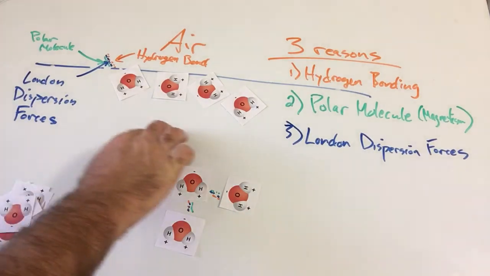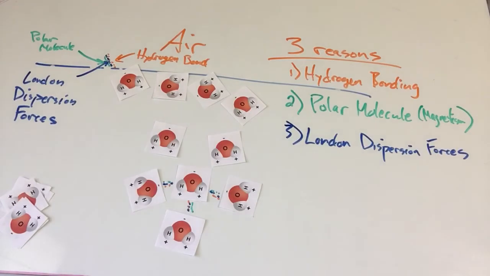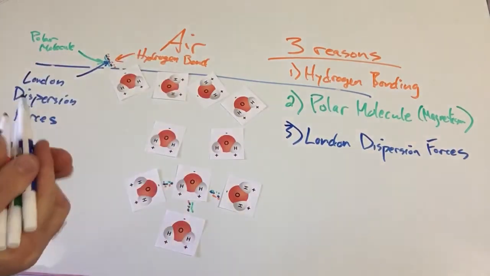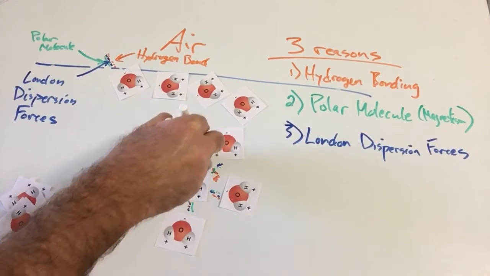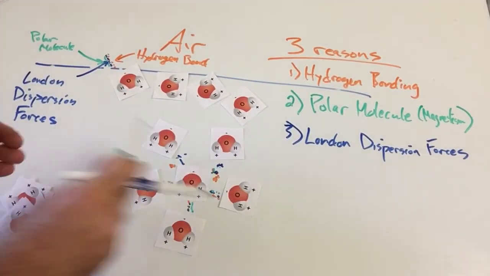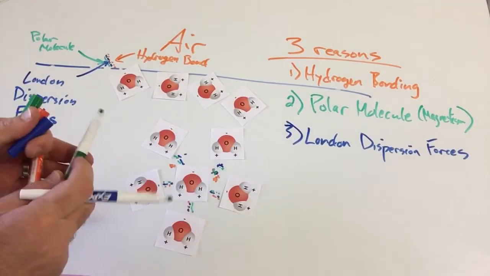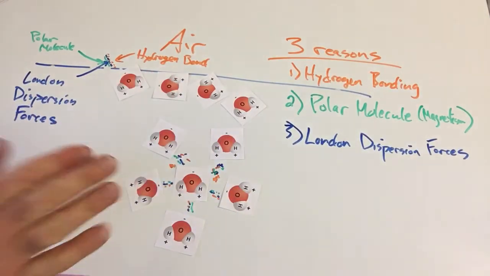But you're also going to find it up here. What about these molecules up here? Oh yeah, you're definitely going to have all three happening there too, poorly drawn. And so that's going to happen 360 degrees. It's also happening up, it's happening down, it's all the way around.